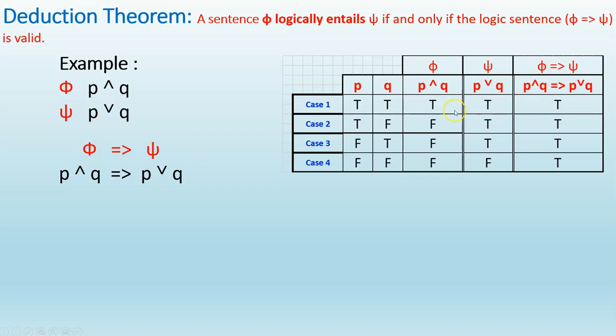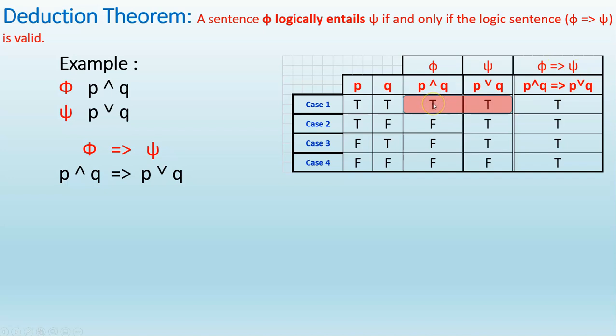So let's use the truth table to build the implication truth values. We ask ourselves, okay, if phi implies psi, when is that going to be false? Well, that will be false anytime the antecedent is true, but the consequent is false. When is the antecedent true?